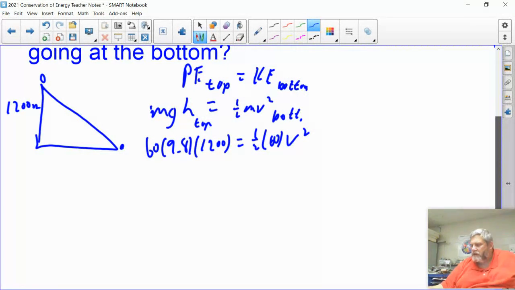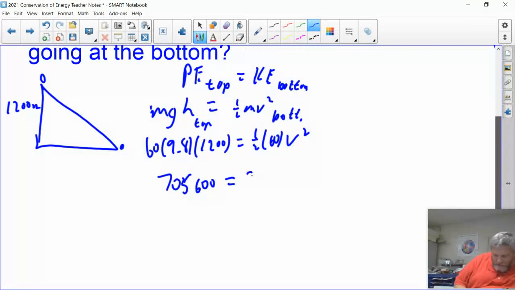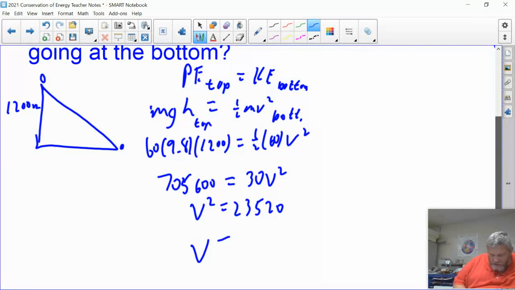There we go, sorry. So that becomes 705,600. Notice some of the numbers get really big here. That equals 30 times v squared. So divide both sides by 30. Get v squared is equal to 23,520. And I take the square root of both sides.